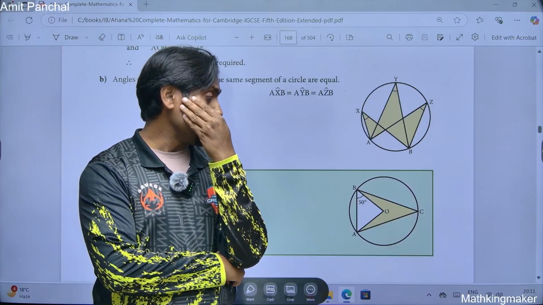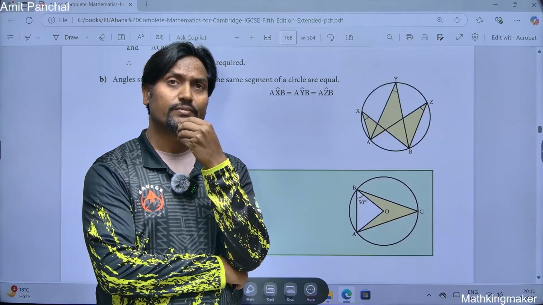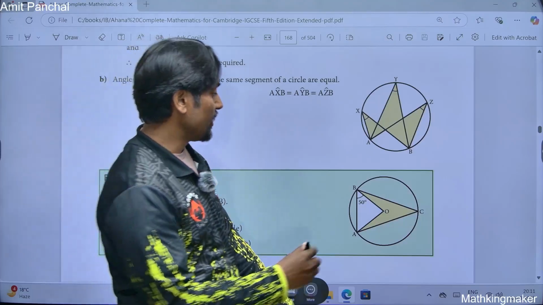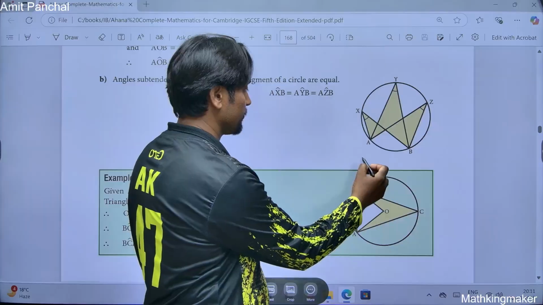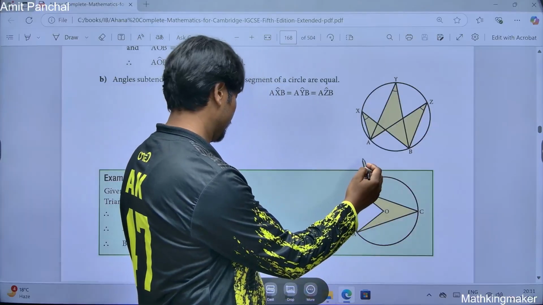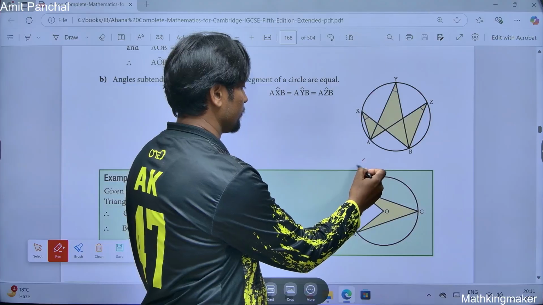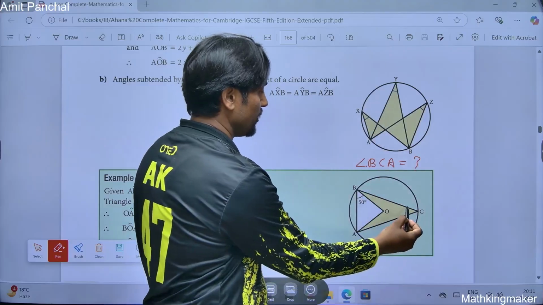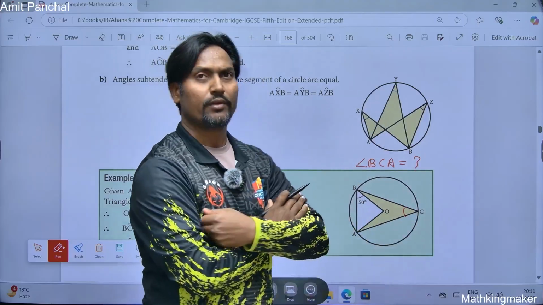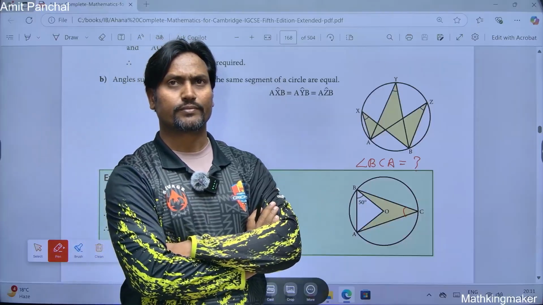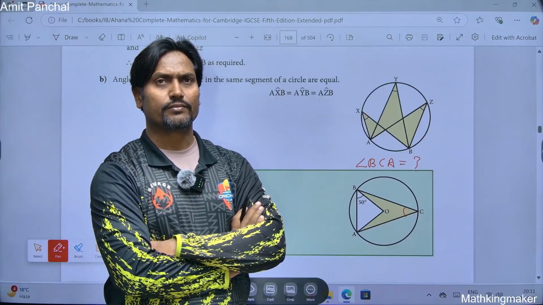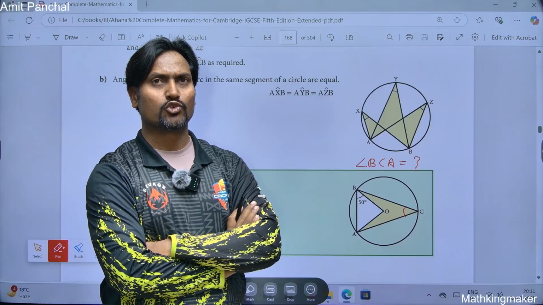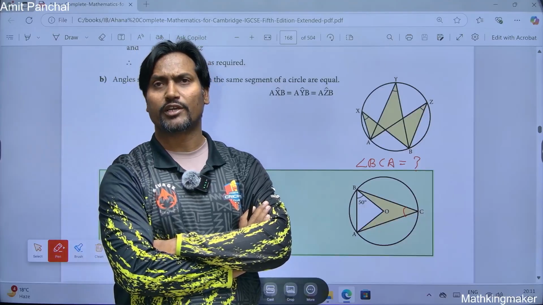Now you have to find angle BCA. Find the angle BCA. This angle you have to find. Just use the theorems we have studied.